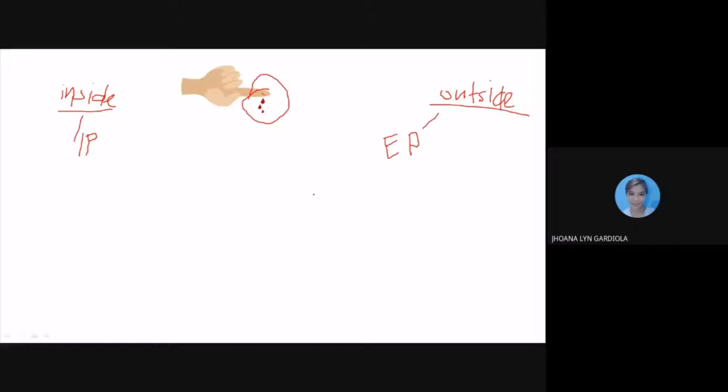And here in the intrinsic and extrinsic, may makikita tayo ditong mga clotting factors. Like dito sa intrinsic, merong factor 12, 11, 9, may 8. Dito naman sa extrinsic, may 3, may 7.